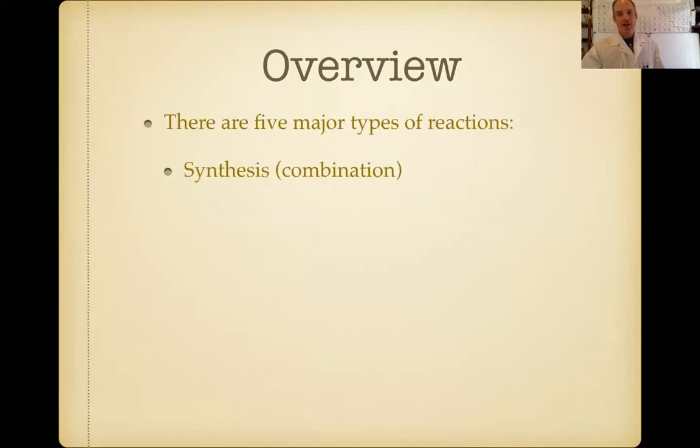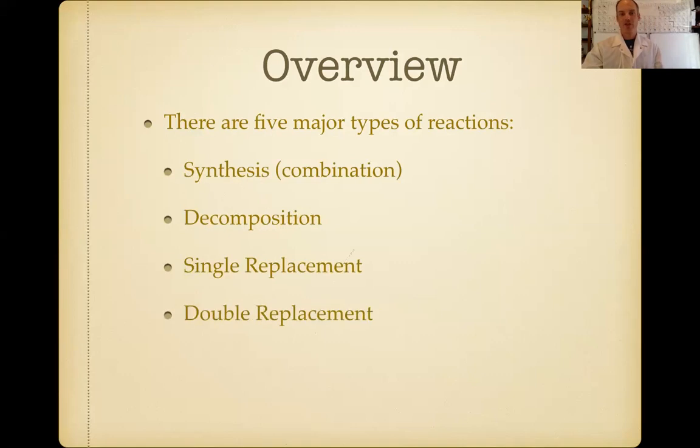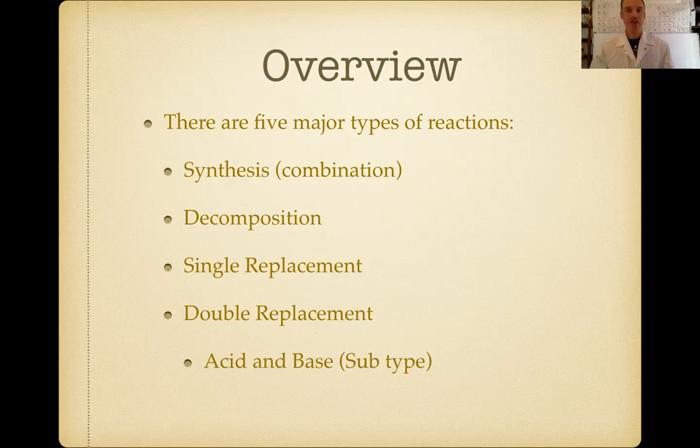Okay, so the ones we're going to look at and identify today, and this is just the major reactions. There are other types of reactions, but this will cover you for most normal circumstances. So we have a subgroup too. There's 5 plus a subgroup. We have synthesis.